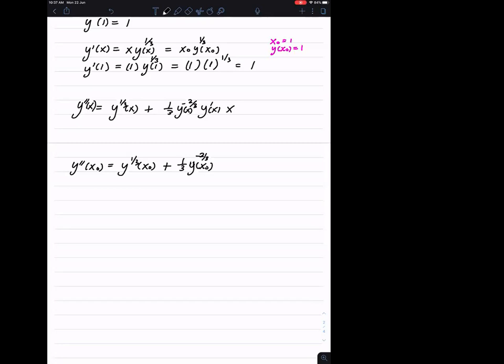This -2/3, you can put it like this, or if you don't like to write this way, you can also write x naught^(1/3). Same thing.